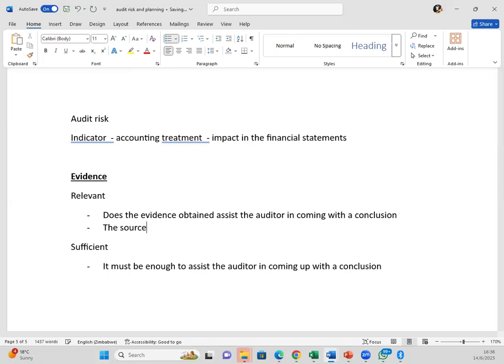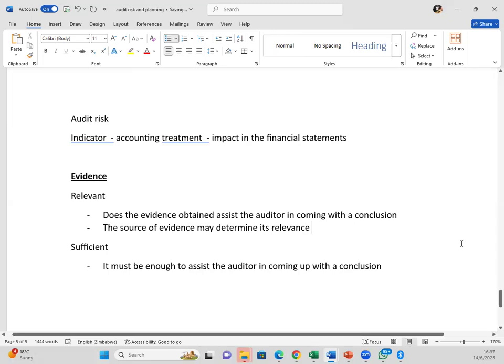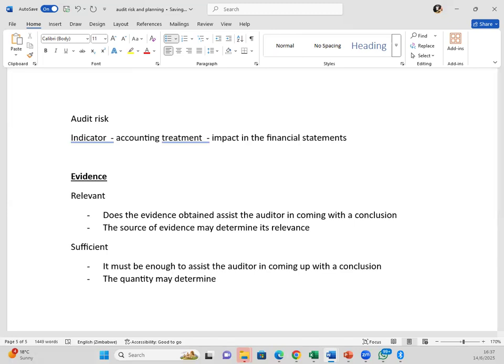The quantity may determine sufficiency. How big is the population and how big is the sample?